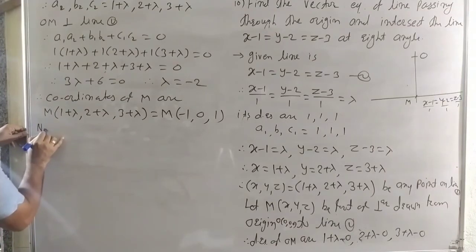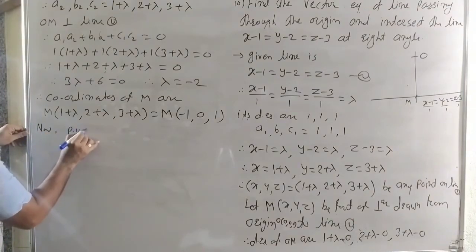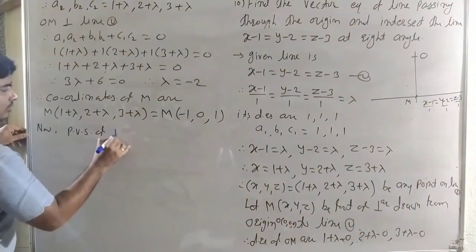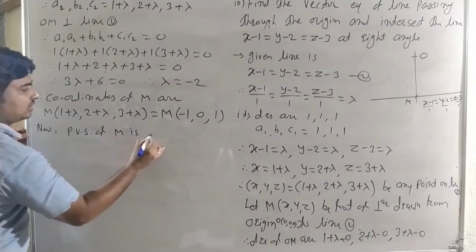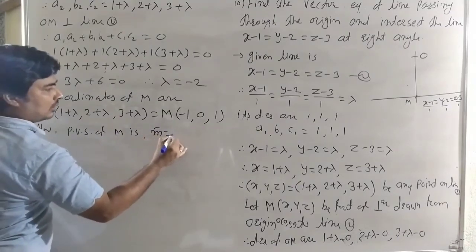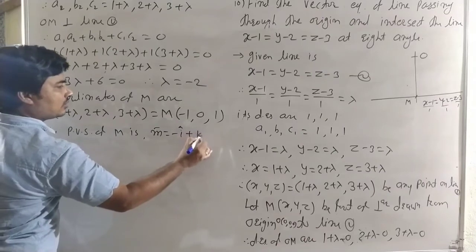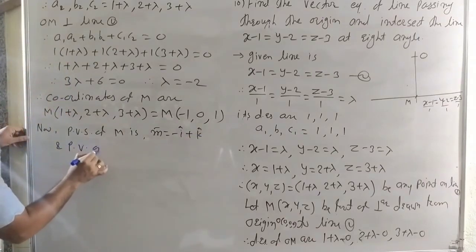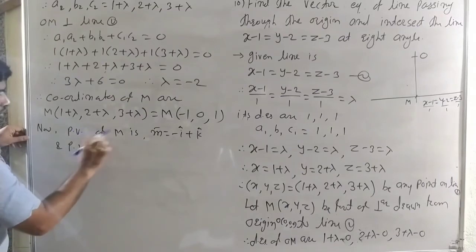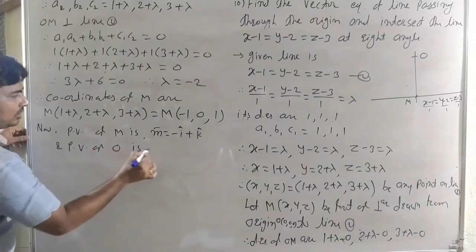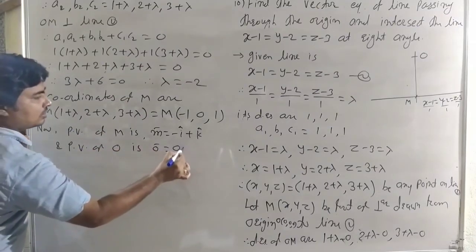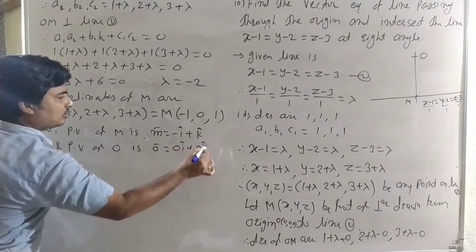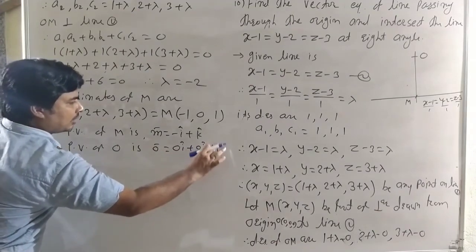Now the position vector of M is M bar equal to minus i cap plus k cap, and the position vector of O is O bar equal to 0 i cap plus 0 j cap plus 0 k cap.